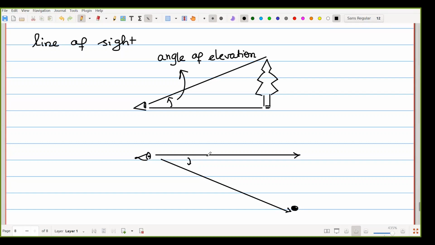That one is called the angle of depression. But all the things we are doing here are based on the trigonometrical functions or the T ratios.